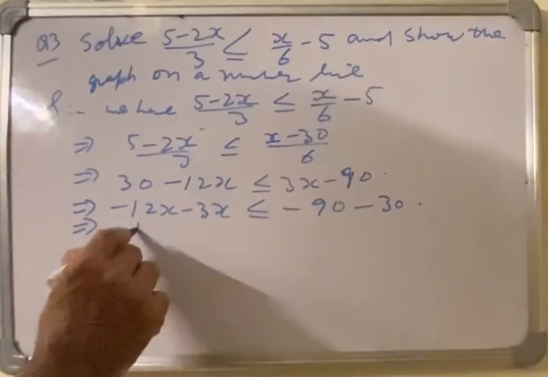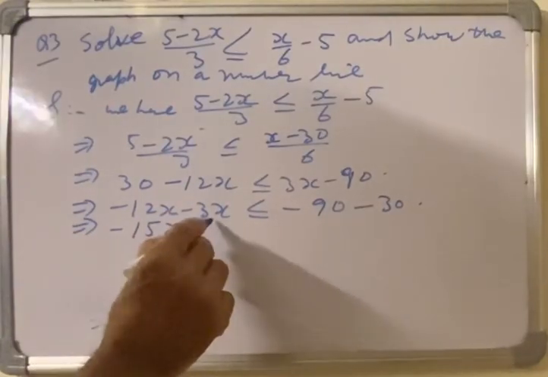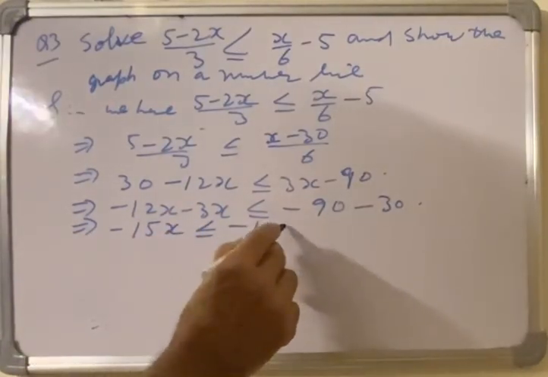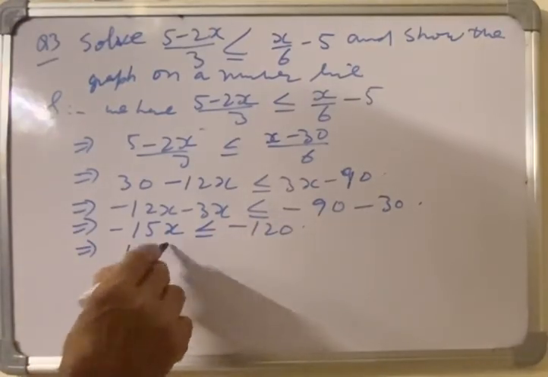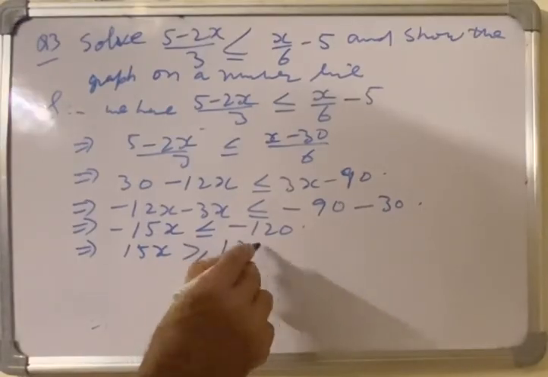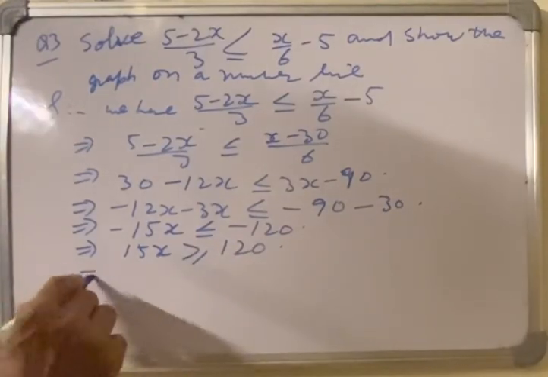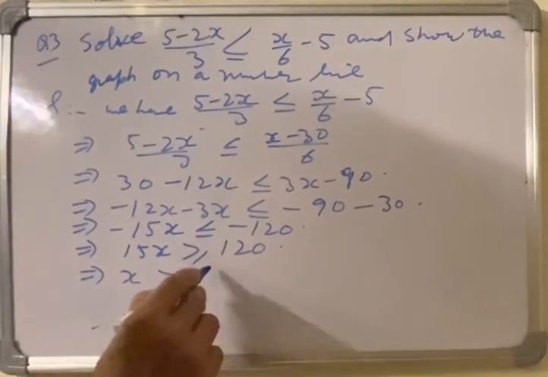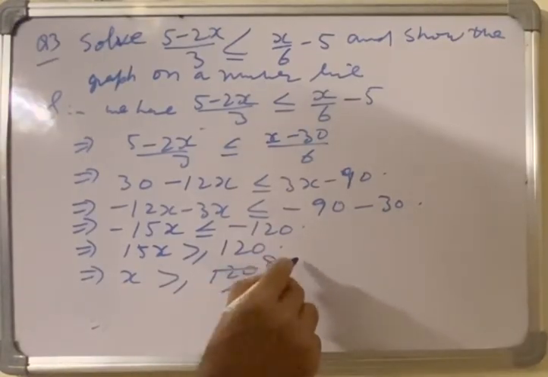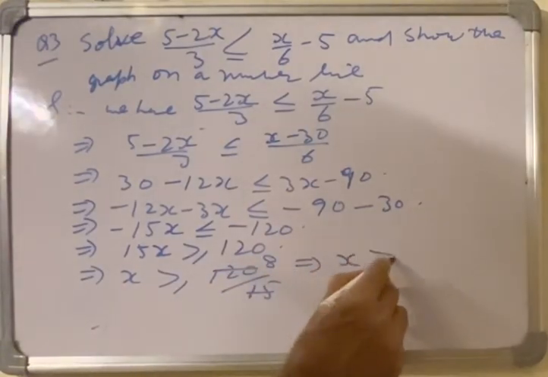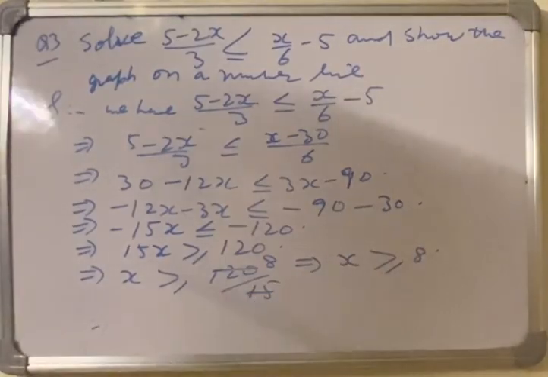This will give you minus 15x less than equal to minus 120, and 15x is greater than equal to 120, which will give you x greater than equal to 120 over 15, 8. That means x is greater than equal to 8.